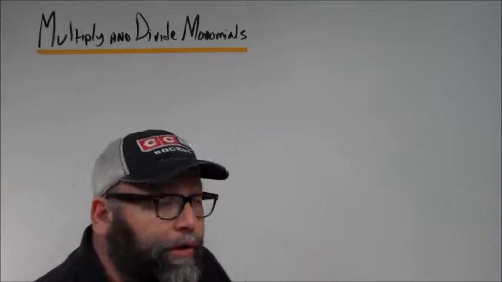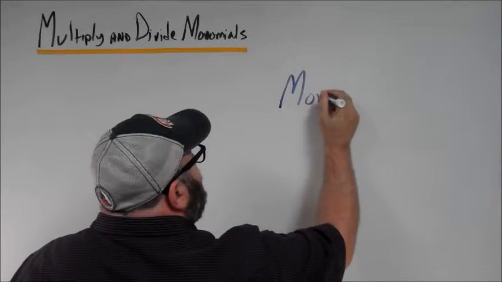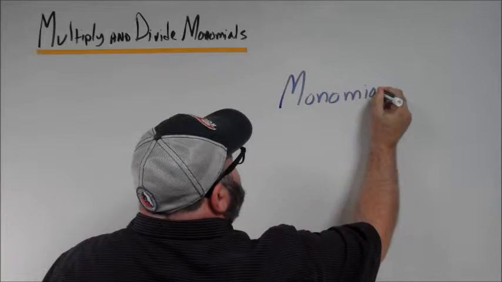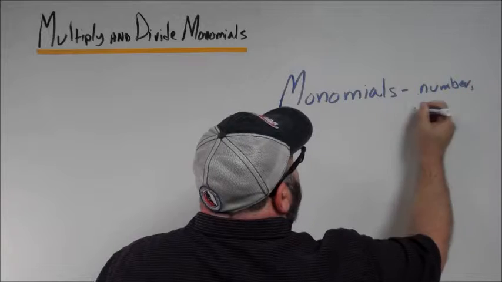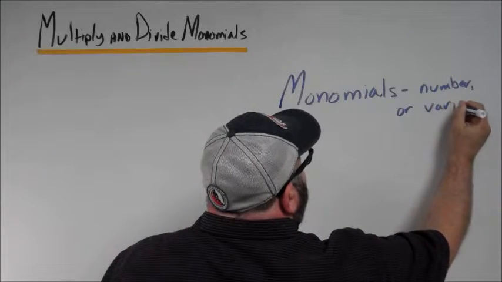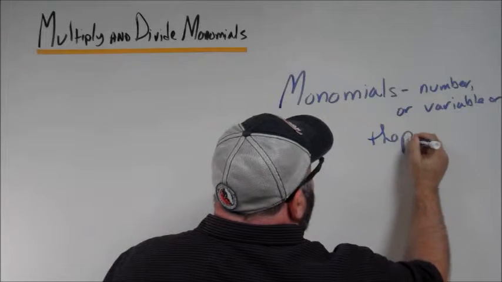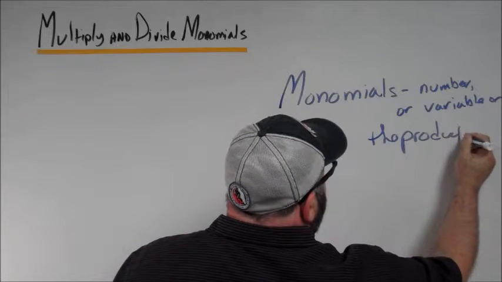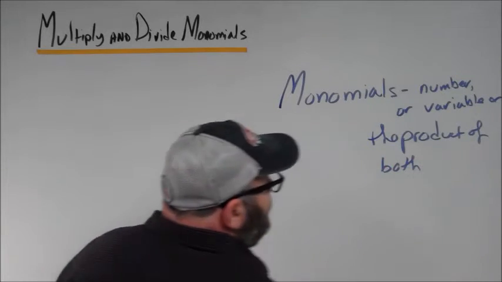All right, let's go to the vocab. In this lesson, we had monomials. And we know that is a number or variable or the product of both.